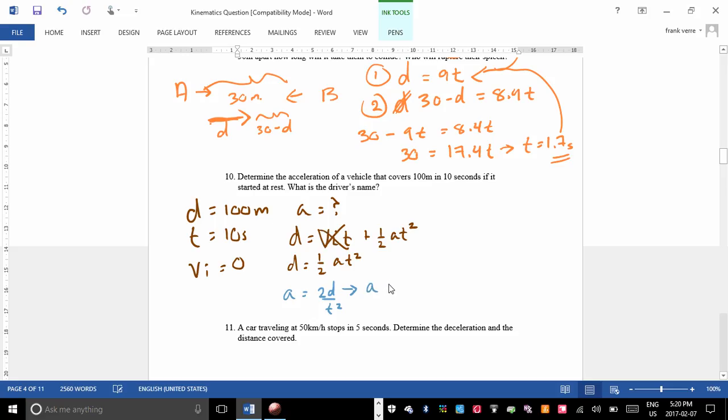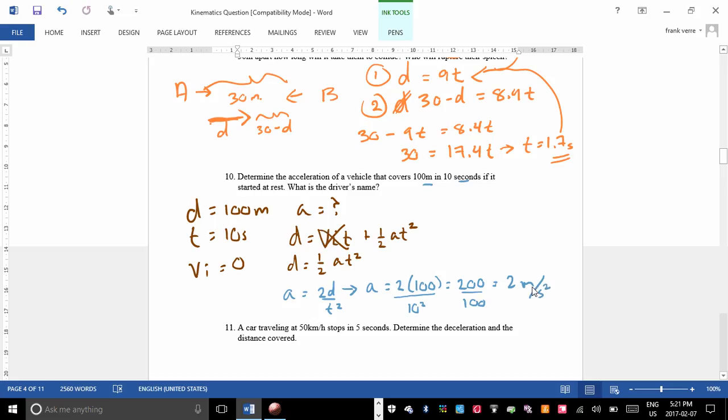So the acceleration is 2 times the distance, so 2 times 100 over 10 squared. So that would be 200 over 100, which is 2. And we know it's got to be meters per second squared.